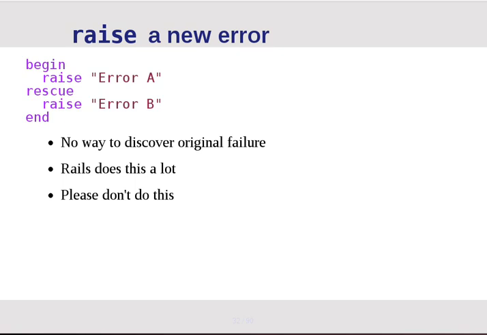And I've discovered several places where the Rails code does this, and I always discovered it the hard way. Please don't do this. It can be really frustrating to debug back to the source of an exception, only to realize that it was raised while handling some other exception, and you have no idea what that other exception was.